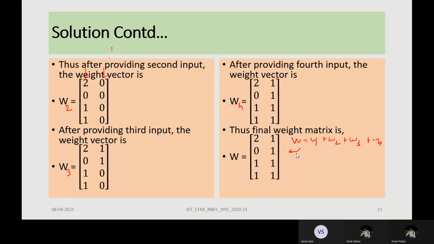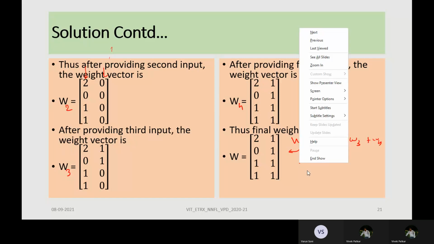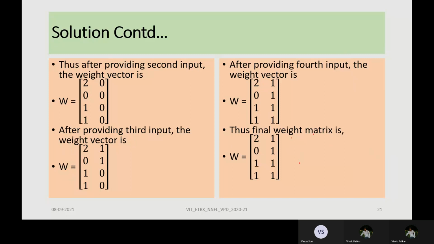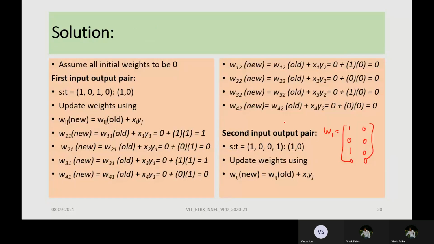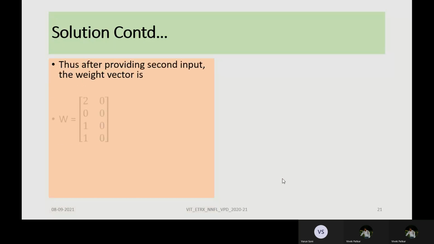Oh, sorry. No, no, it's not separately. You don't write W1, W2, W3. Means we have not taken individual patterns, right? We have taken every time the new weights of earlier as the old weights of the next one. So we accommodate. It's not W1, W2, W3.